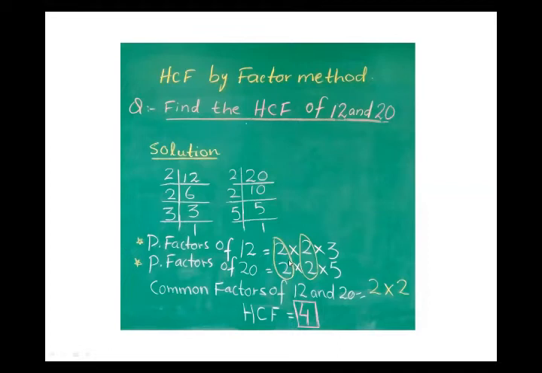The first pair is 2, we take a single 2. Then for the second pair, we take another 2. For the HCF, we take the product of all the common factors. Here we only have two common pairs, so we multiply 2 into 2, which makes 4. For this question, the HCF of 12 and 20 is 4.